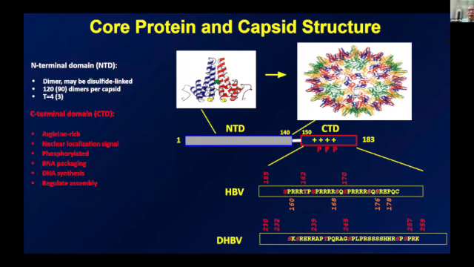The CTD is heavily and dynamically phosphorylated, meaning it's phosphorylated and also dephosphorylated. It's involved in many functions of the capsid protein, for example RNA packaging, DNA synthesis, nuclear localization, and it's probably also involved in regulating assembly, although it's not absolutely required.